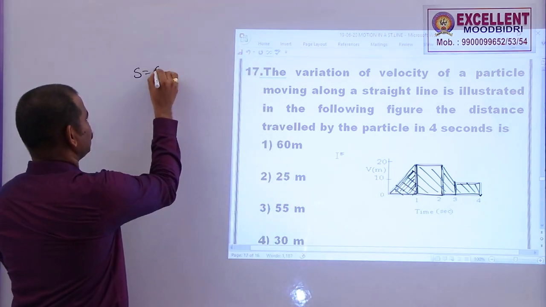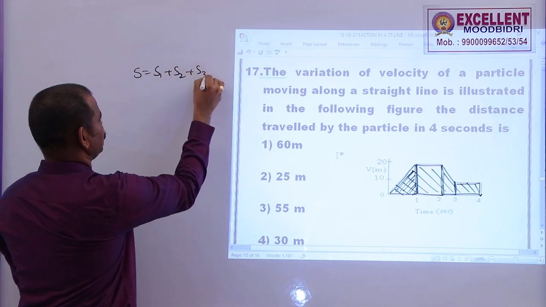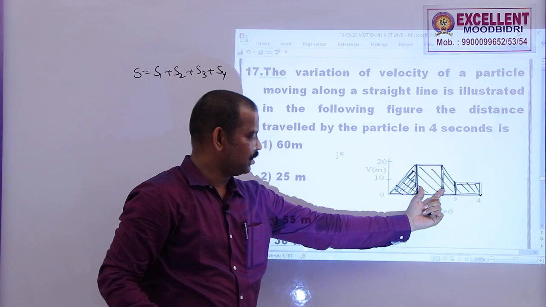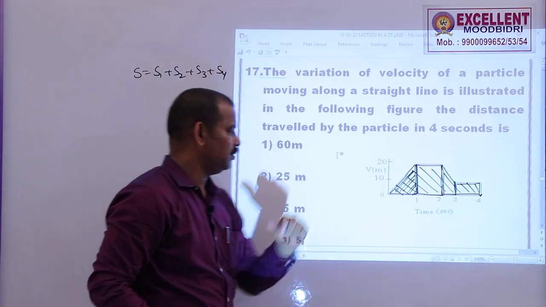Here the total displacement is given by S1 plus S2 plus S3 plus S4. S1 is the area of the triangle, S2 is the area of the rectangle, S3 is the area of the trapezium, and the last is a rectangle.